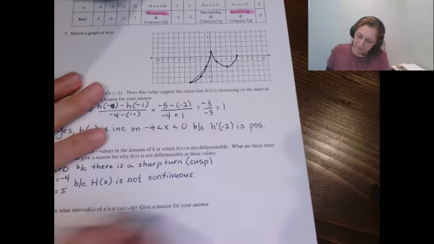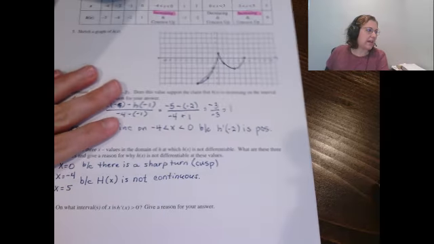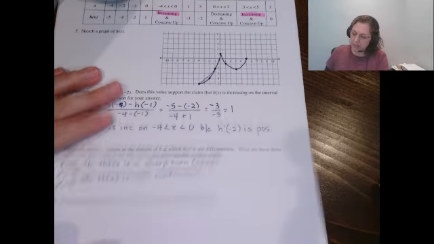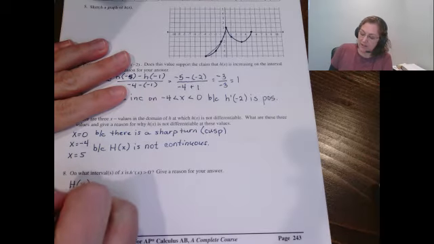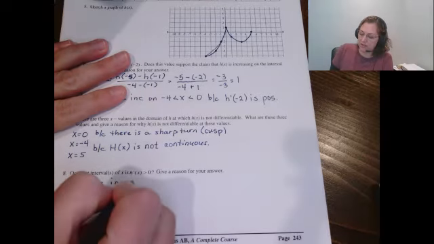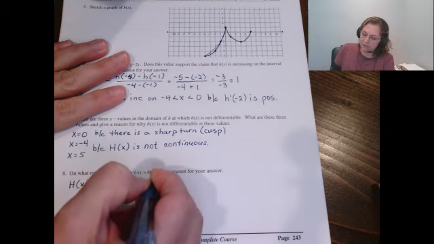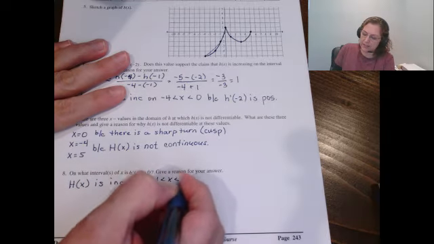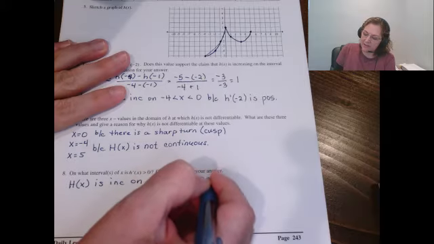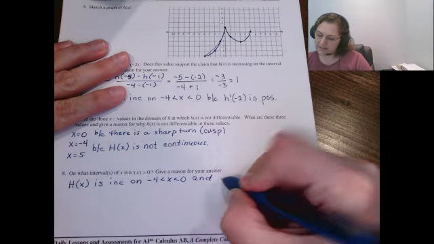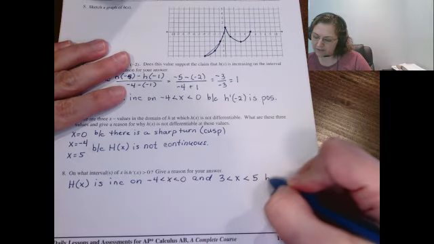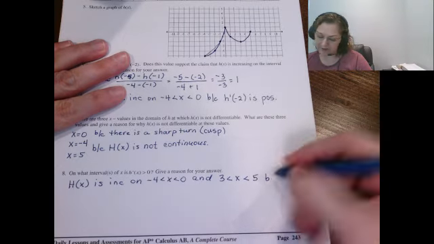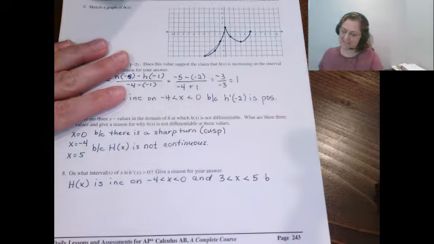Let's say it because I got to give a reason. I'm going to go ahead and put it in a sentence. H of x is increasing on -4 is less than x is less than 0, and 3 is less than x is less than 5 because, oh, sorry, I said it backwards, didn't I?